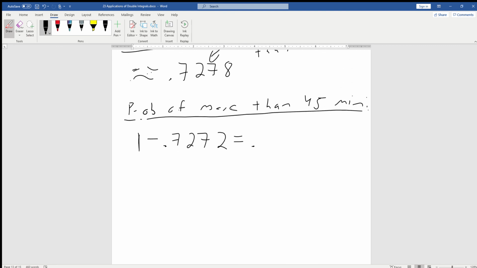And if you could verify this, I'm going to do this in my head, this is going to be 0.2728. So roughly a 27% chance that if the mean wait time to be seated is 15 minutes and the mean wait time to get the food is 20 minutes, the probability that you're going to wait more than 45 minutes is about 28%. So it's not extremely likely, but again, it is possible that that could happen.